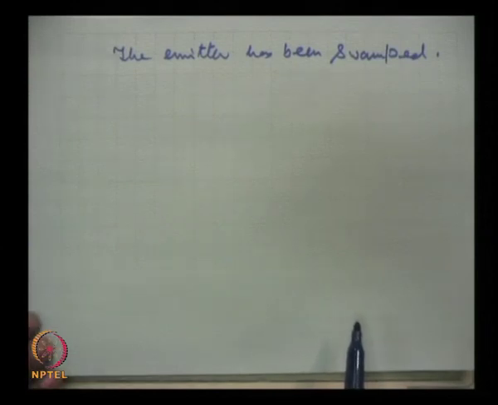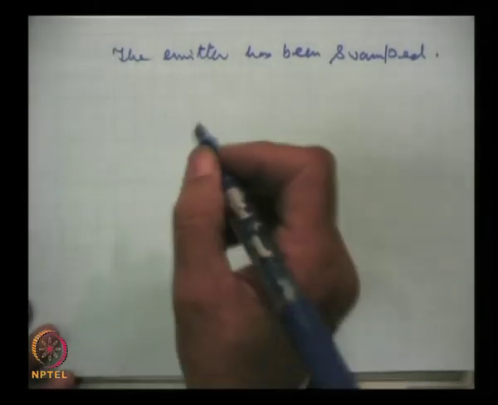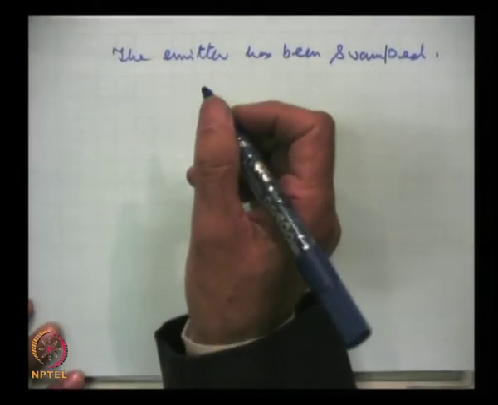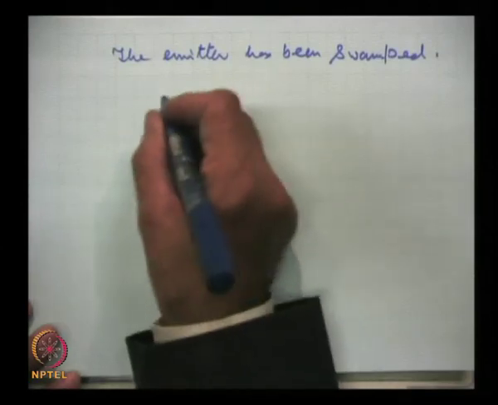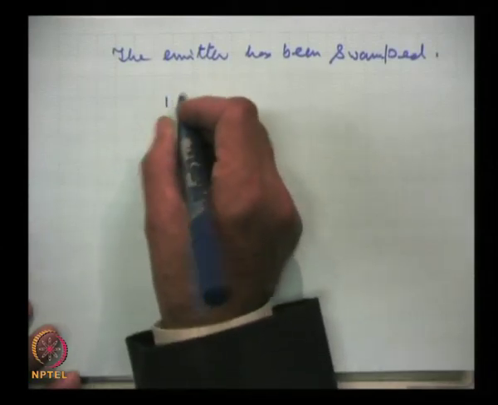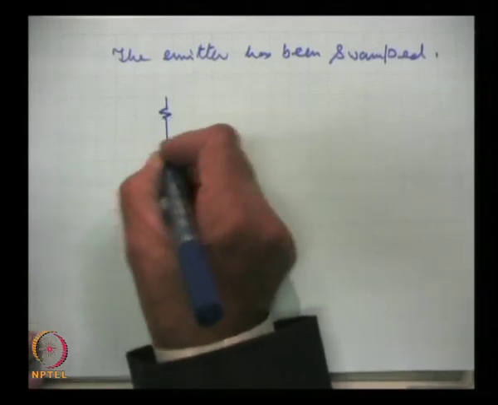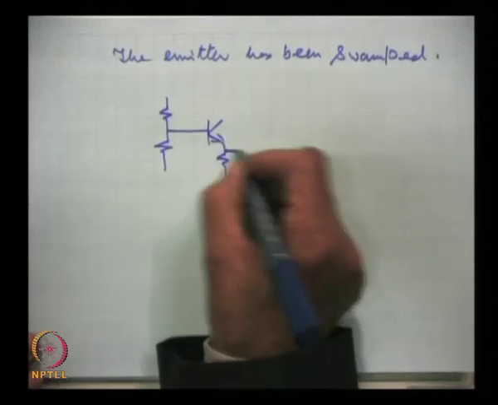So, what is the other way? The other way is that we can bypass the resistance Re with a capacitor, so the circuit becomes this.